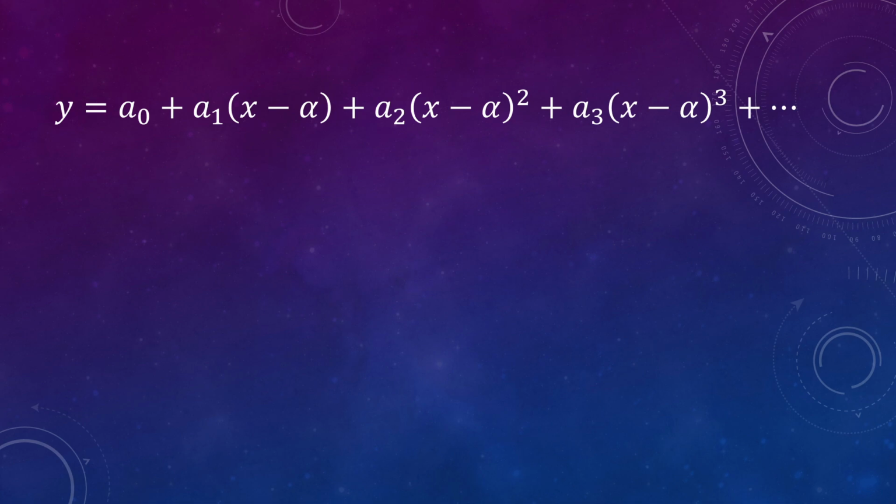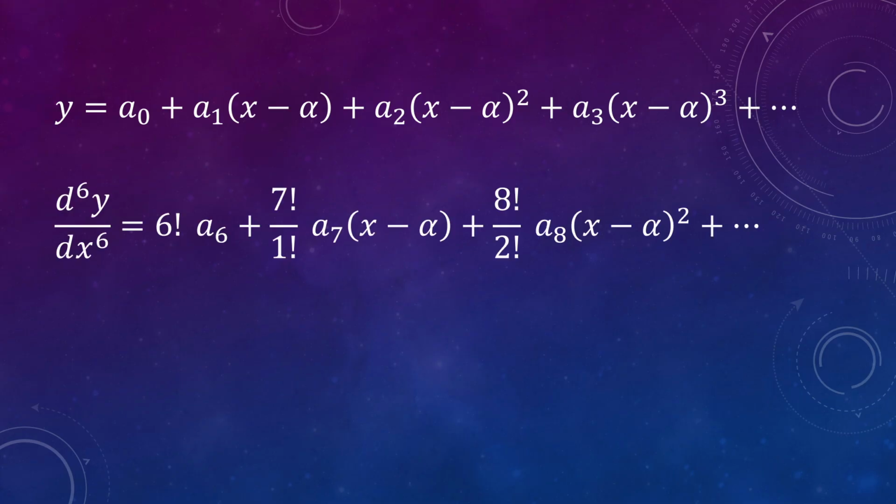Now, since y is equal to a0 plus a1 times x minus alpha plus a2 times x minus alpha the whole square, and so on, the sixth derivative of y will be equal to 6 factorial times a6 plus 7 factorial over 1 factorial times a7 times x minus alpha plus 8 factorial over 2 factorial times a8 times x minus alpha the whole square, and so on.